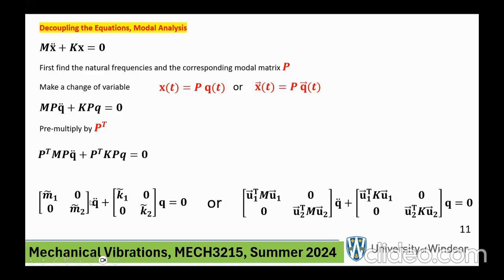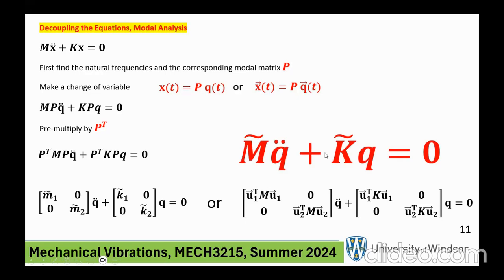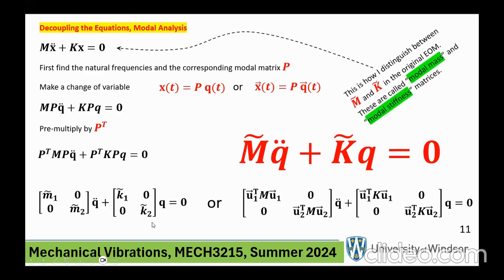Either look at it like this or look at it like that, because that's what these things are. But the point is that these are two equations, and the first one involves only q1 as the coordinate, and the second one only q2 as the coordinate. Notice that the first equation had x1 and x2 in it.